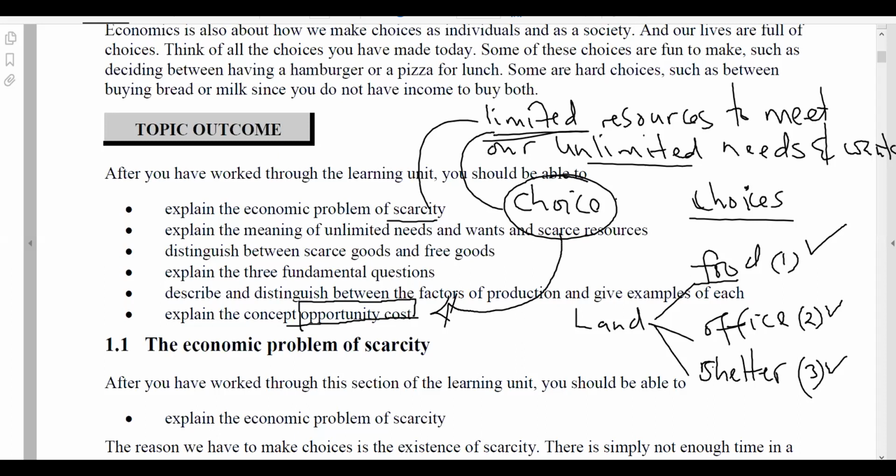Yes, something like that. Let me just use the whiteboard to quickly summarize it. We are saying that individuals have got needs and wants.